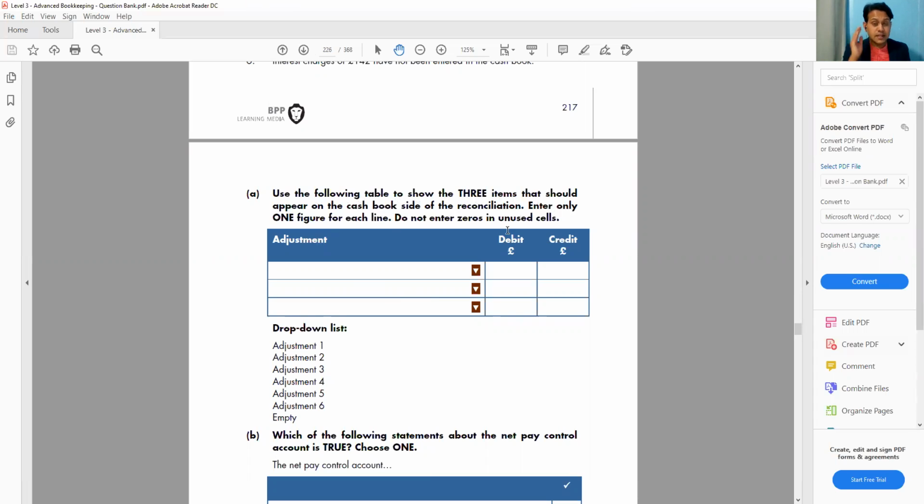Do not enter zeros on the unused cells. So we're talking about the cash book. We need to find three transactions that are relevant to the cash book, not the bank statement. That means we need to find something on the bank statement but not on the cash book, and we need to adjust all these items to our cash book.